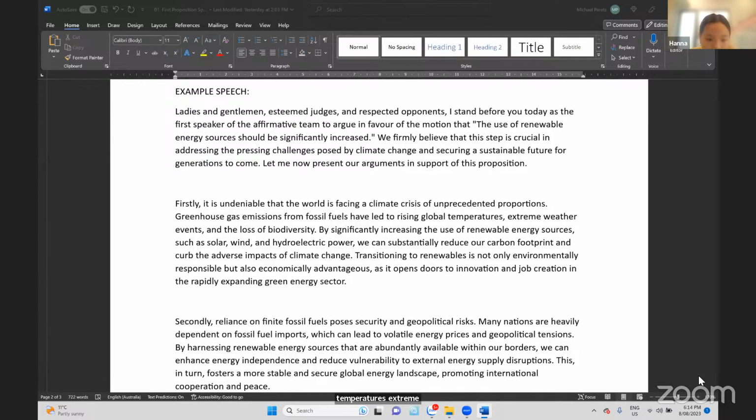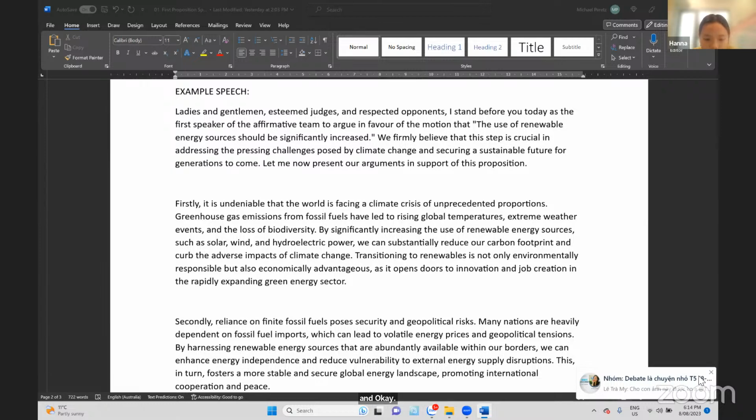By significantly increasing the use of renewable energy sources, such as solar, wind, and hydroelectric power, we can substantially reduce our carbon footprint and curb the adverse impacts of climate change.